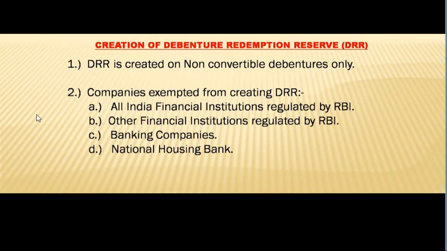And there are four types of companies which are exempted from creating DRR: all India financial institutions regulated by RBI, other financial institutions regulated by RBI, banking companies and National Housing Bank. So these four types of companies are exempted from creating DRR. For all the other companies it is mandatory to create DRR equal to minimum 25% of the face value of debentures to be redeemed. Clear? Now, this is about DRR.